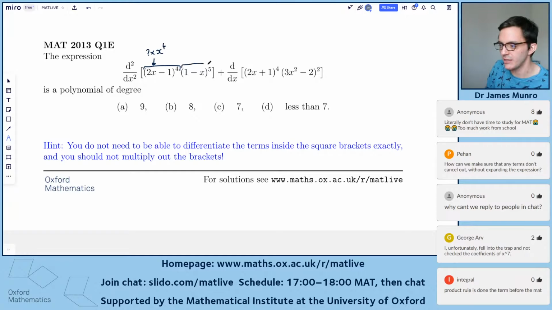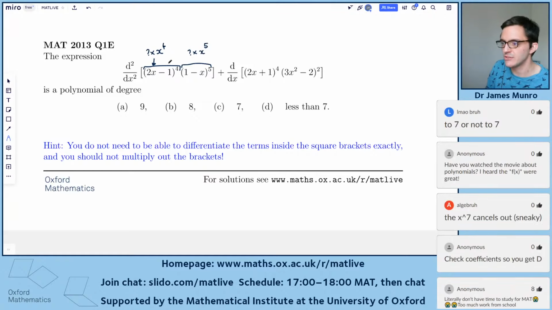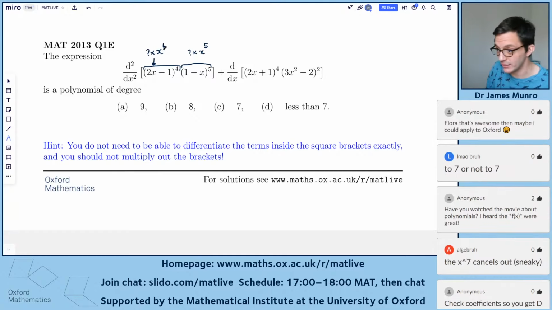And this term over here, 1 minus x to the power of 5, is like something else times x to the power of 5. So this is a polynomial inside the square brackets of degree 9. x to the 4 times x to the 5 is x to the 9. So when I differentiate it twice, I'll end up with something like something times x to the 7. Okay, that's looking pretty good.